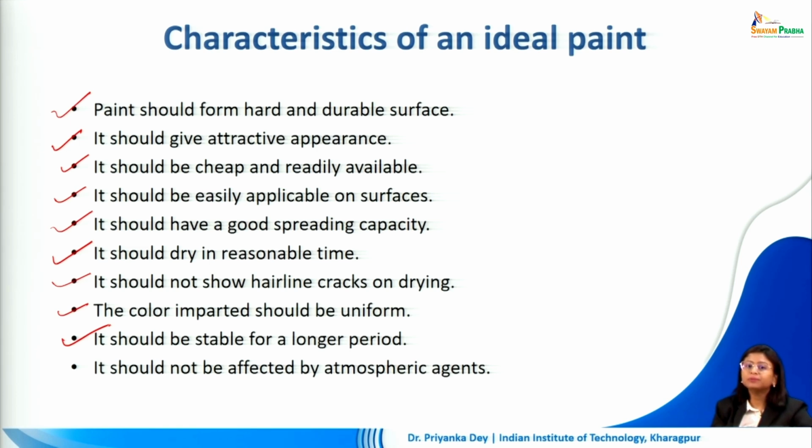It should be stable over a longer period. So when exposed to atmospheric agents, it shouldn't be easily affected. It shouldn't change color. It shouldn't undergo different deterioration throughout time. It should last for a long time. So that is again going back to the first point, it should be a durable surface.